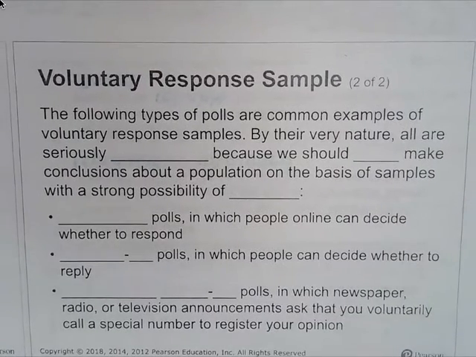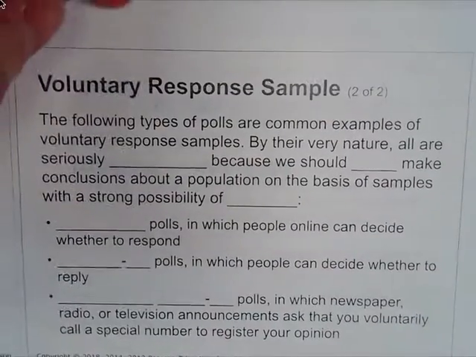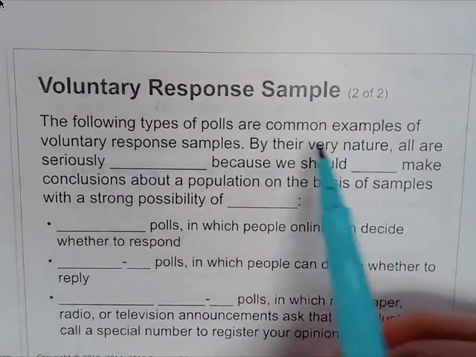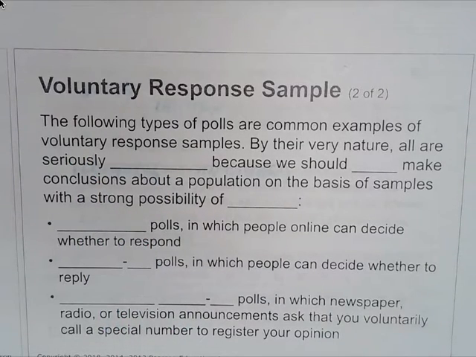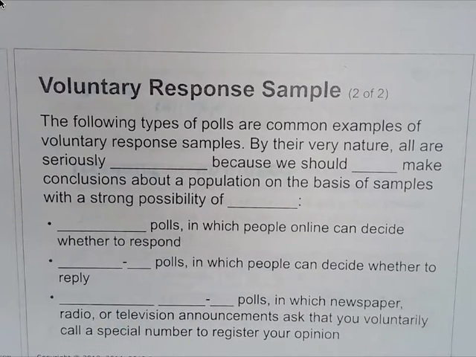So we have a couple of different voluntary response samples. So these that I'm about to give you, they're flawed. So the following types of polls are common examples of voluntary response samples.